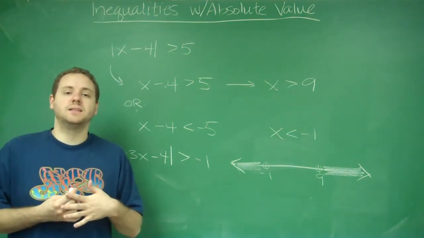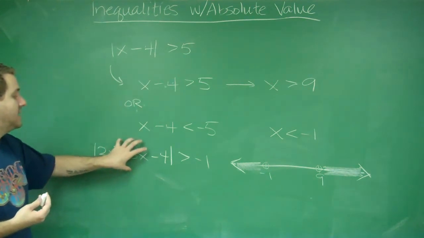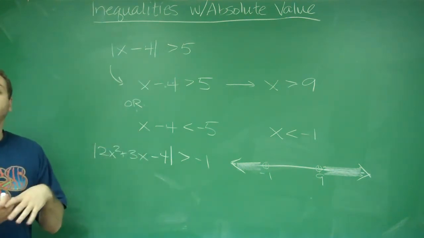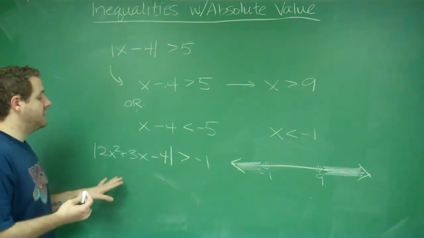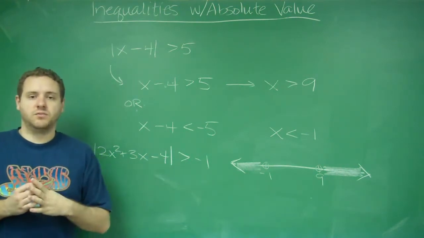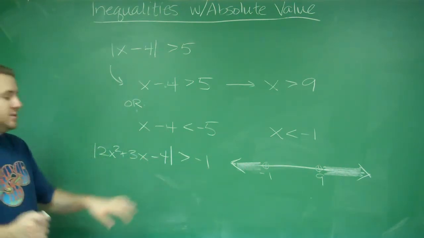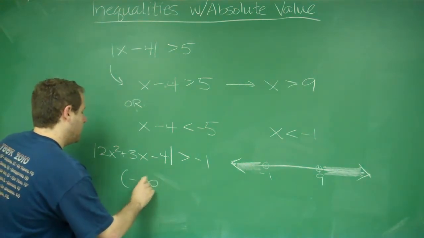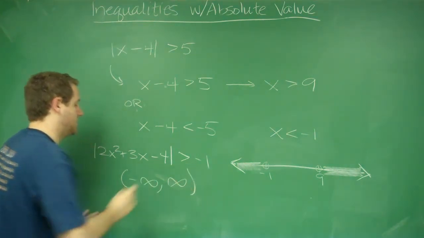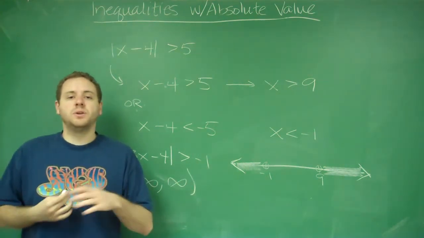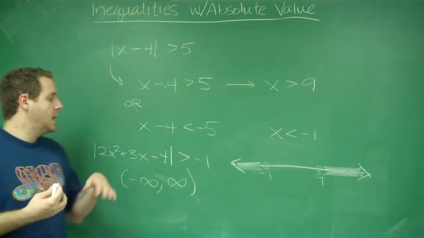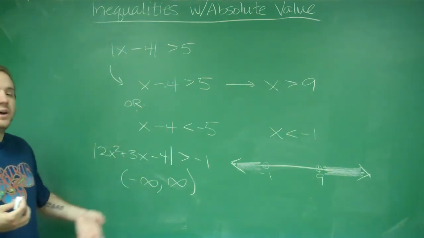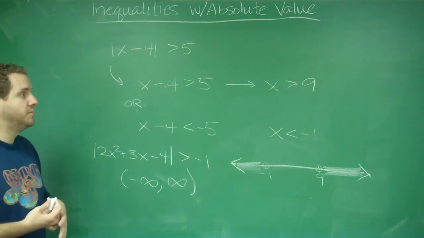Absolute value always makes anything positive. So no matter what is in here, the absolute value is going to make it positive. And no matter what that is, it's always going to be greater than negative 1. So just by looking at this, you could say, in interval notation, the solution to this is all real numbers, negative infinity to infinity. Because no matter what you have in an absolute value, it's always going to be greater than negative 1.